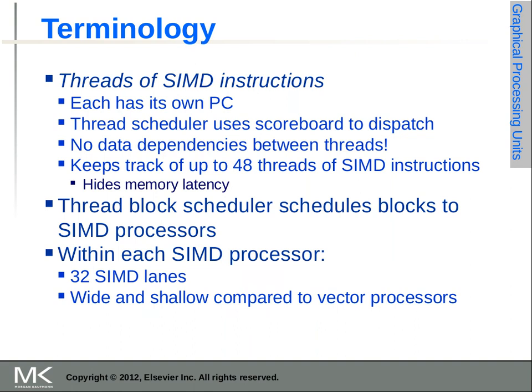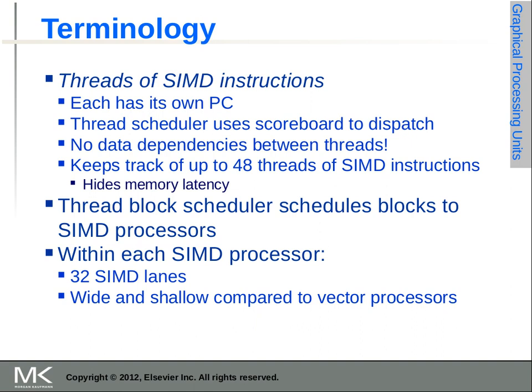All right, so each thread has its own program counter. The thread scheduler uses a scoreboard to dispatch. Why do they not use the Tomasulo method?